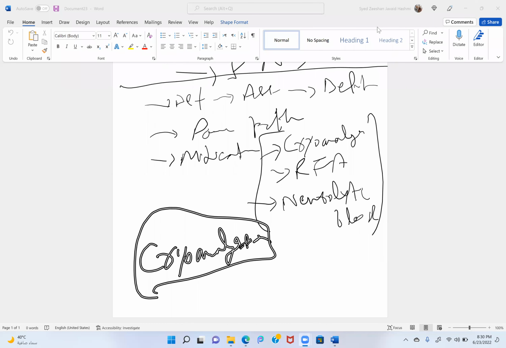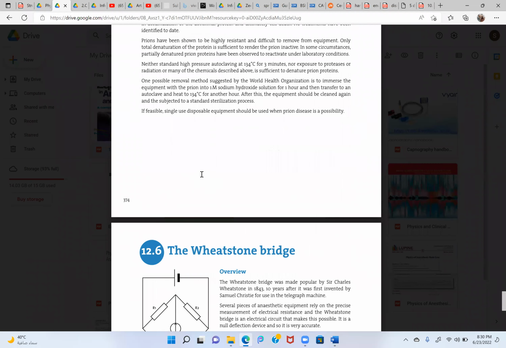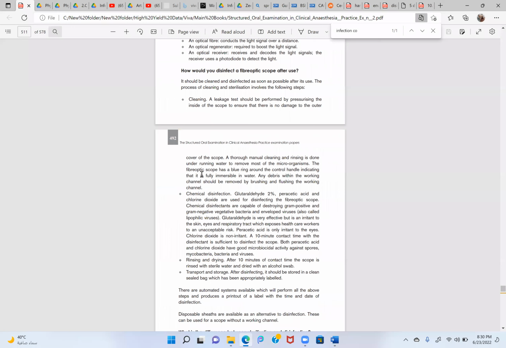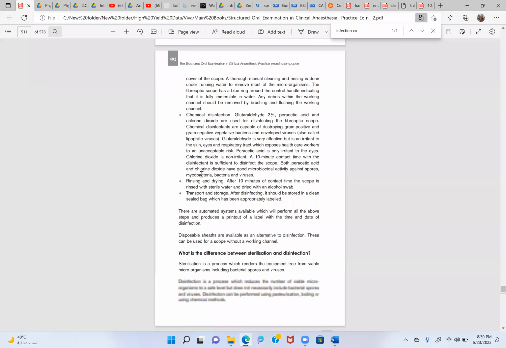Before that, the equipment which we use in anesthesia may be classified according to whether they pass through the mucous membrane.